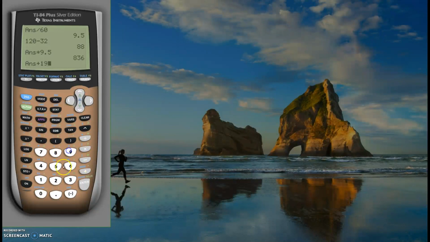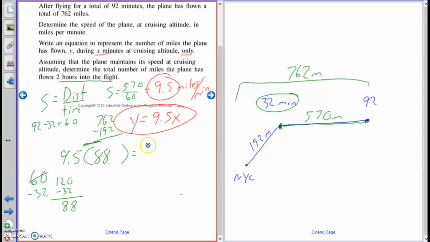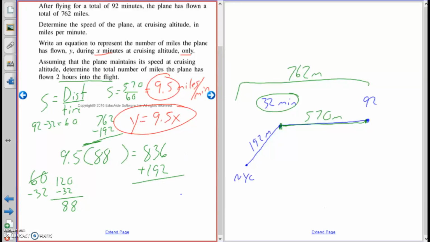So 836 plus 192 is 1028. And that's the answer to the last part of this question.